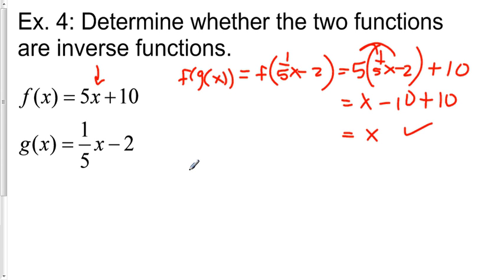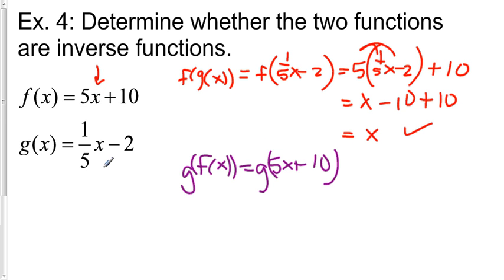Now I need to check g of f of x. So I'm going to use the g function this time, and I'm going to plug in f of x, 5x plus 10. So 5x plus 10 will go into x. So we've got 1/5 times, in parentheses, 5x plus 10 minus 2.